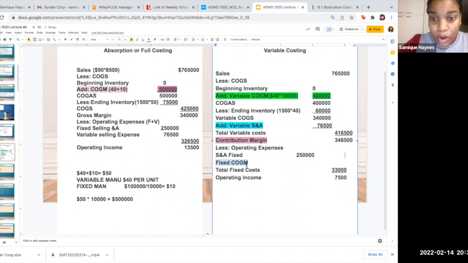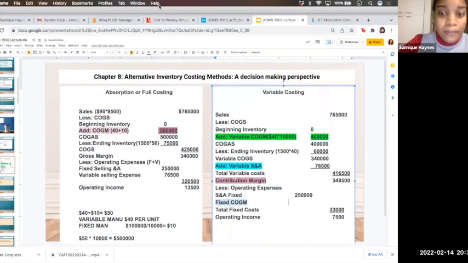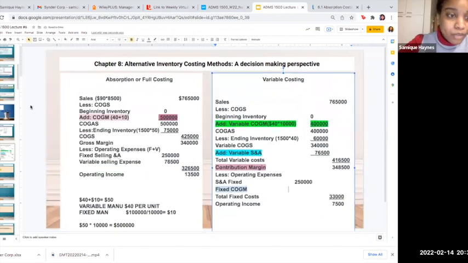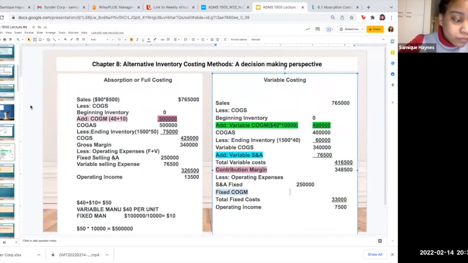And also our fixed cost of goods manufactured, what is it again? 100,000. Good.